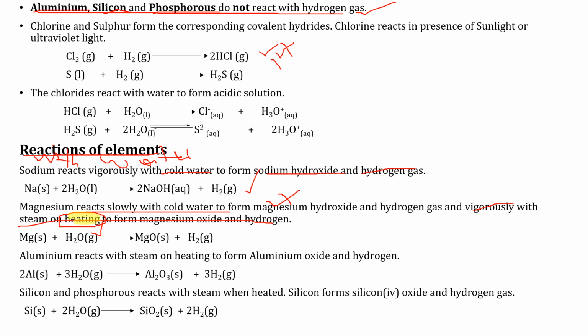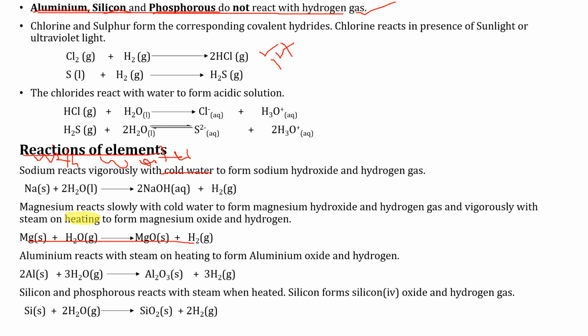The condition here was heating, to form magnesium oxide and hydrogen. Here we are heating magnesium in its solid state, reacting it with steam. Hope you are recognizing these states. So magnesium is reacting with steam to form magnesium oxide and hydrogen.